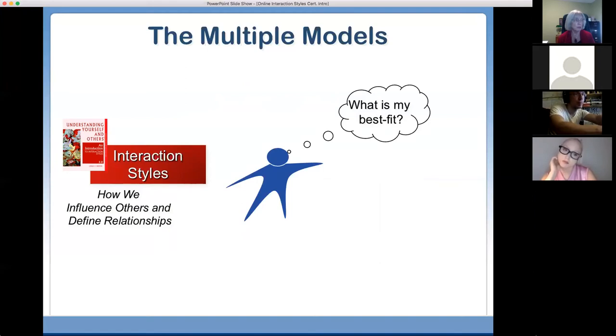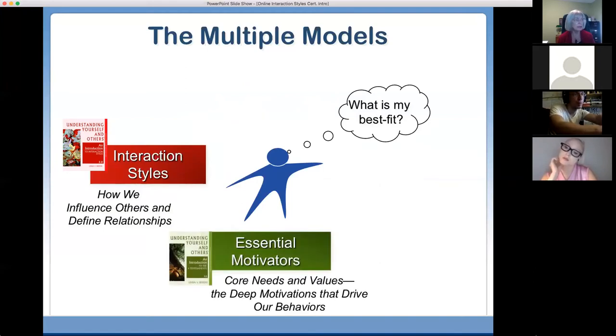Okay, so what's another model? Another lens is essential motivators, which is what David Keirsey called temperament. We stopped using that term because we thought essential motivators really gets at the core of what this is. We have core needs and psychological values.